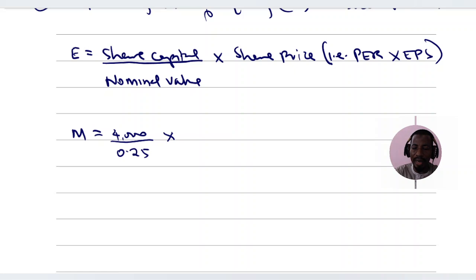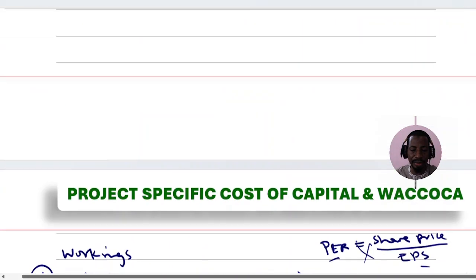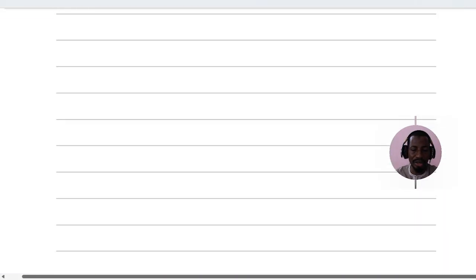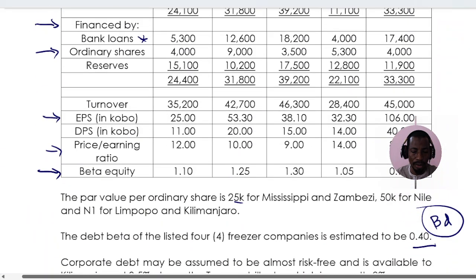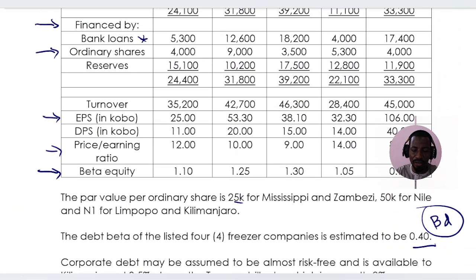Then multiply by share price. I don't know the share price, so let us work it out first. I need to take the price earning ratio of Mississippi. Price earning ratio of Mississippi is 12. Earnings per share of Mississippi is 25 kobo. So 12 multiplied by 0.25.